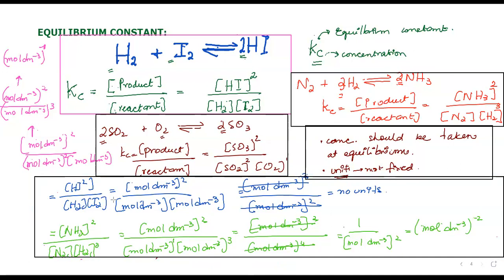Kc gives you the relationship between the concentration of your reactants and products, and we can use these calculations to figure out the value of Kc. And we also have to make sure that we are calculating the units.